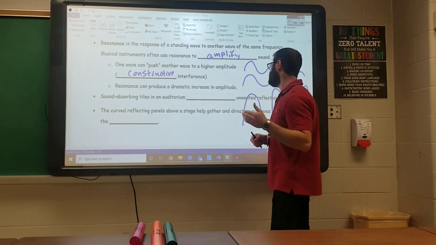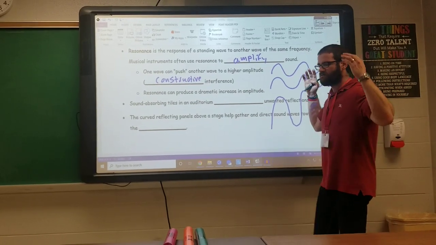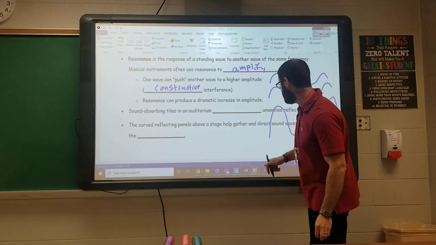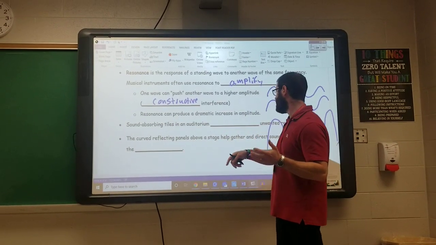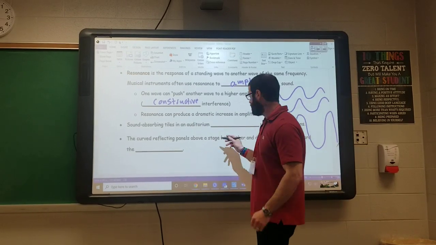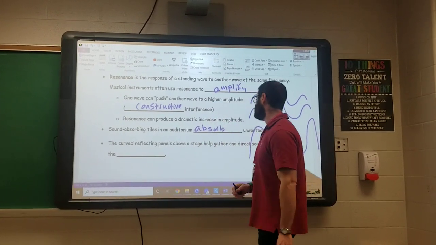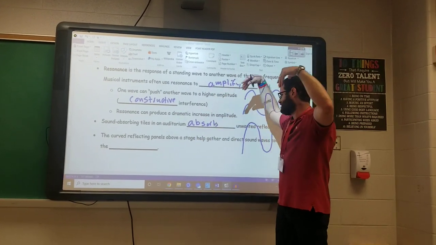If we think about this in terms of a musical performance, sometimes we don't want the resonance, the reverberations. So there are what we call sound absorbing tiles that absorb unwanted reflections, and we can also have curved panels, let's say above the stage.